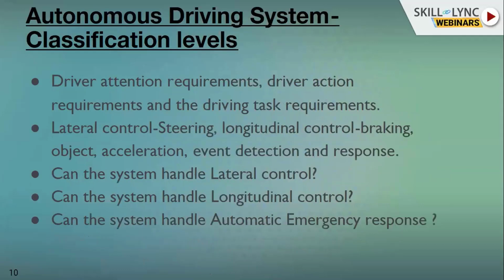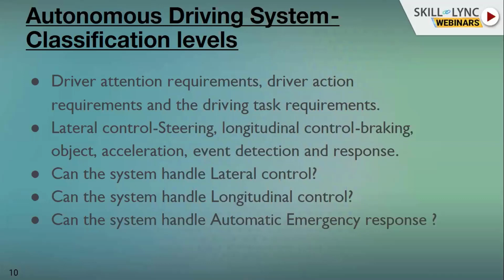Okay. And then coming to the autonomous driving system classification levels. To define the classification levels, we have to look at the requirements: driver attention requirements and driving task requirements, whether lateral control or longitudinal control is needed, and whether object and event detection and response is needed. A lot of questions have to be derived. We need to evaluate: can the system handle lateral control without the driver?